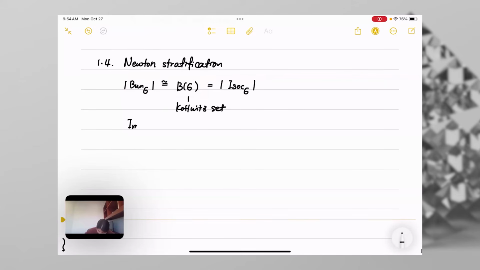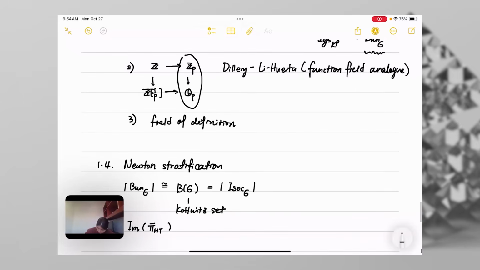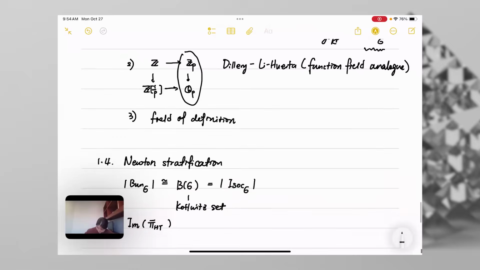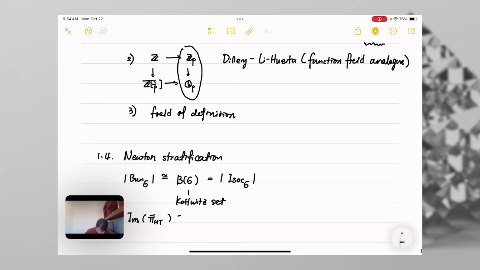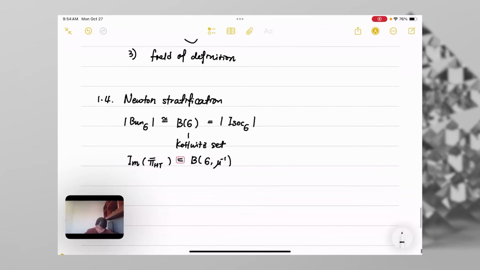And so the image of the Igusa stack in Bun_G will lie in a subset. If I didn't do that before, I will call this map pi_HodgeTate. This will be the subset in the Kottwitz set bounded by mu inverse, where mu is again the Hodge character.